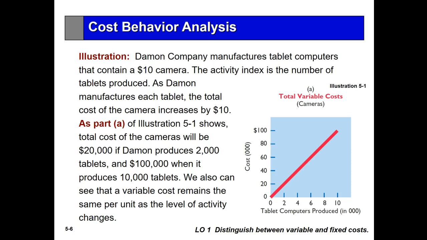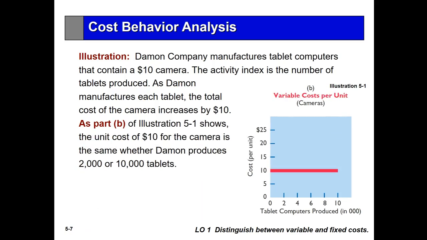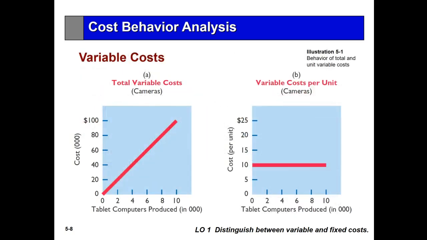But as production increases, the costs increase proportionally. However, on a per unit basis, it remains the same. So total variable cost changes proportionally with changes in the level of activity. On a unit basis, it remains the same.